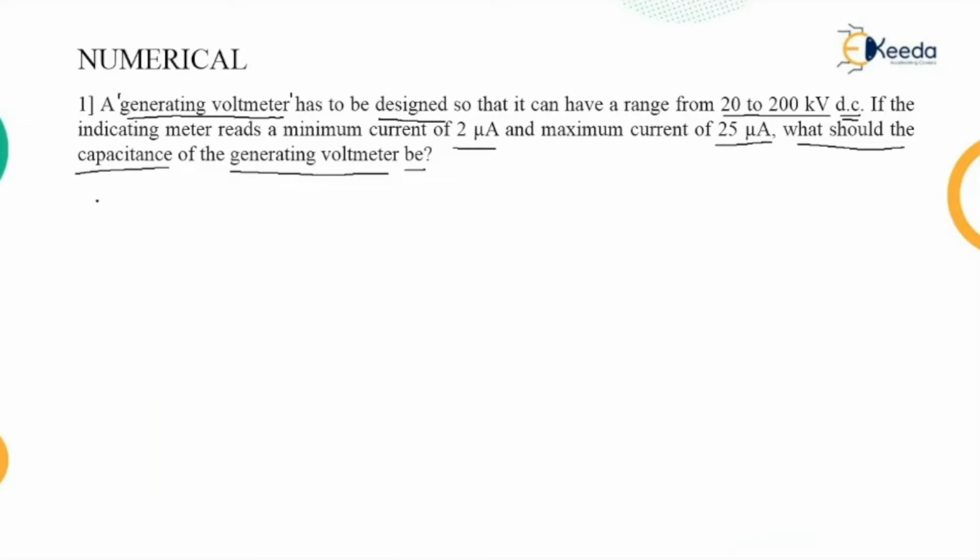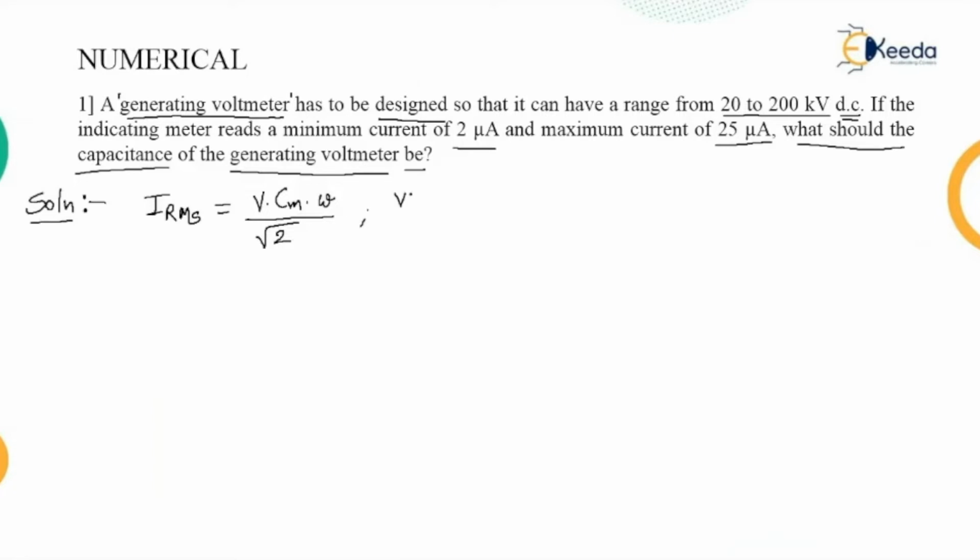Now, we have already seen in the discussion of generating voltmeter, the equation which we generally use is IRMS is equal to V into Cm into omega divided by root 2. Now, this V is the applied voltage.